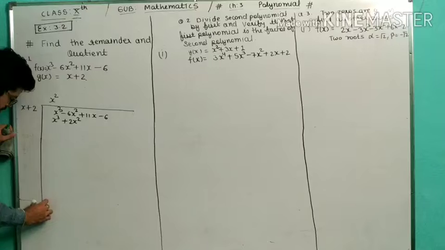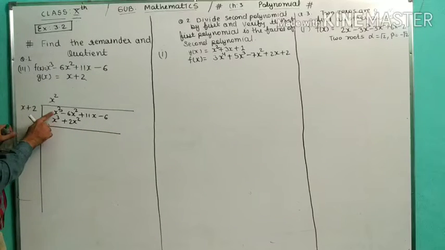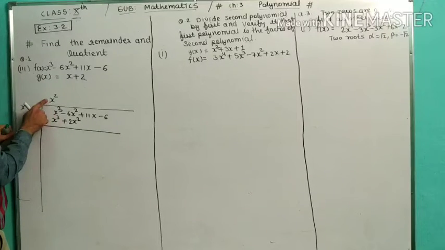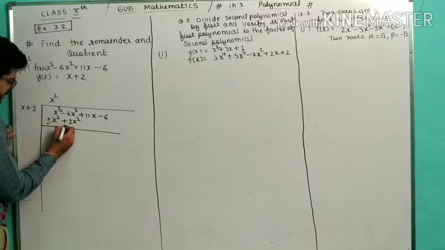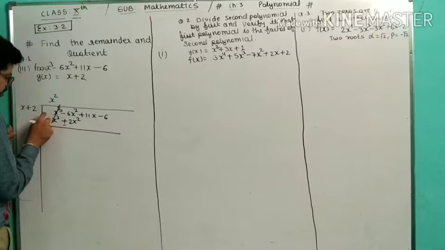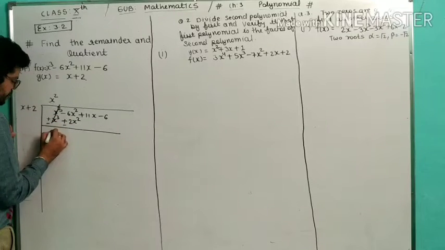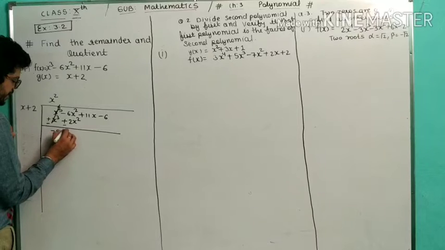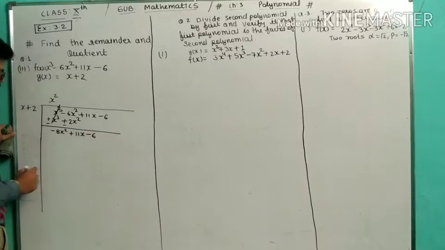Again I am repeating: first we divide, and whatever the answer is, it is multiplied with both terms. Now we have to change the sign. Positive becomes negative, and this is also negative. Positive and negative cancel out, and we get minus 8x square plus 11x minus 6.